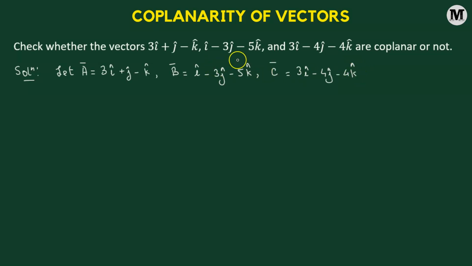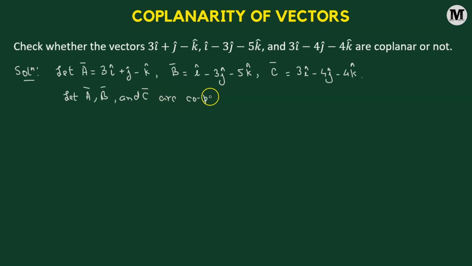Now our goal is to check whether these three vectors are coplanar. What we'll do is begin by assuming that they are indeed coplanar. So let's say a vector, b vector and c vector are coplanar.